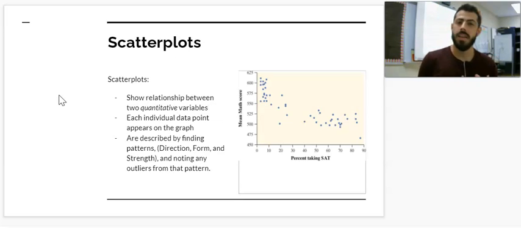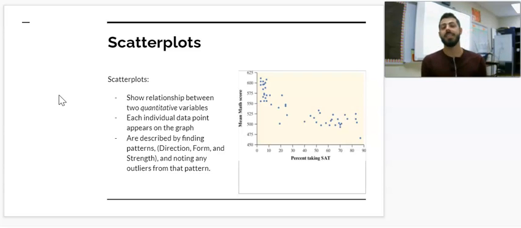Now, in algebra classes, we often see linear relationships. You have an x and a y that change directly in relation to each other. In reality, that's not how things normally work. You have relationships that follow certain patterns but don't necessarily follow a strict line, right?